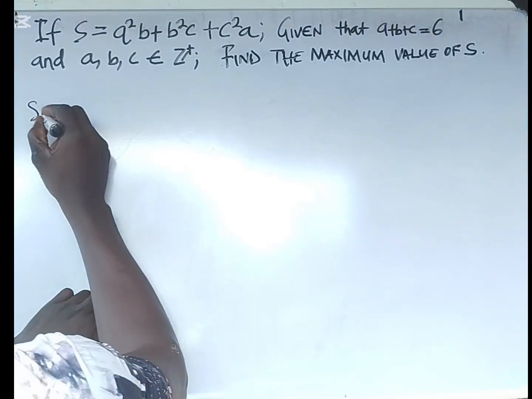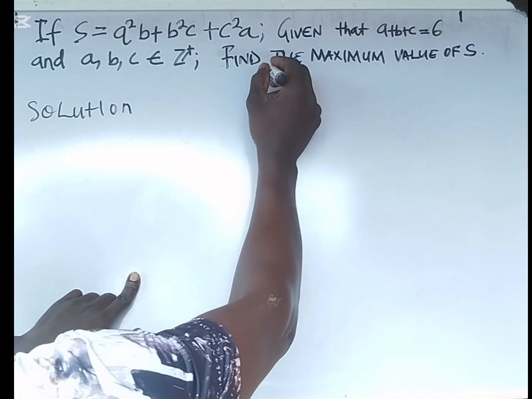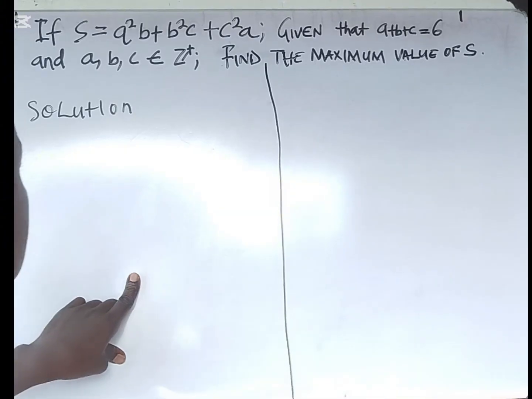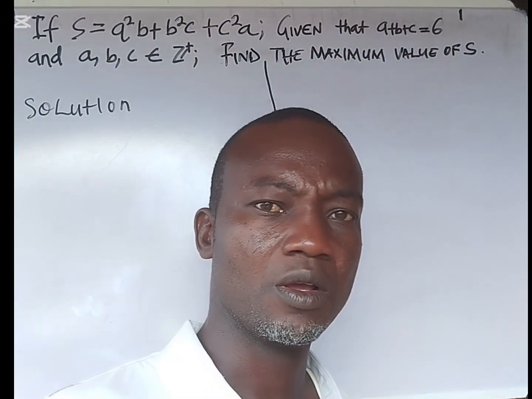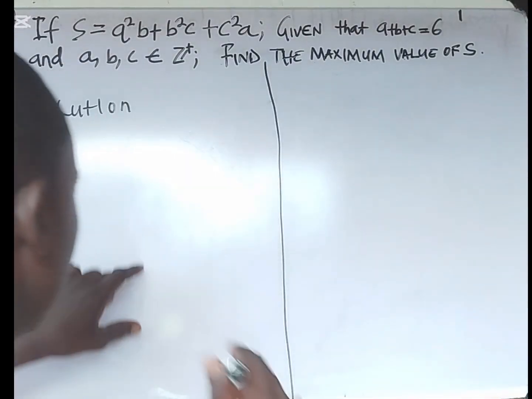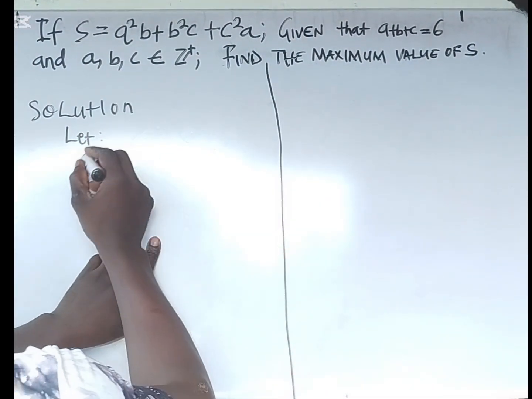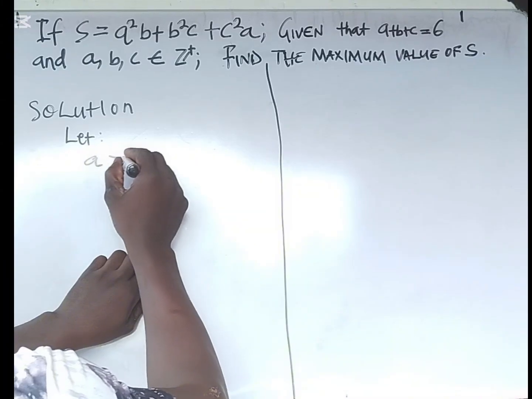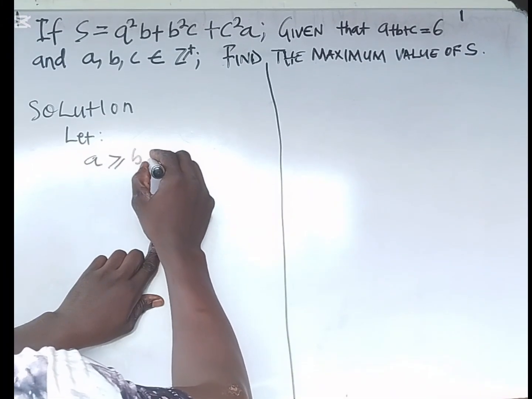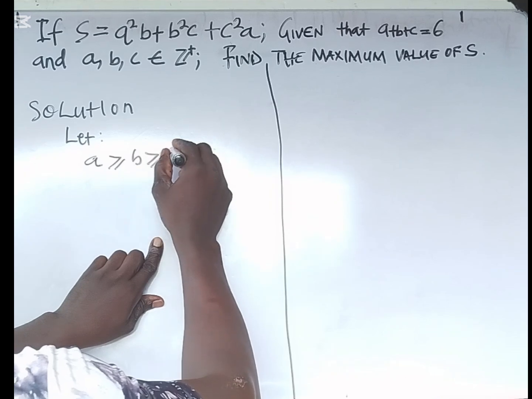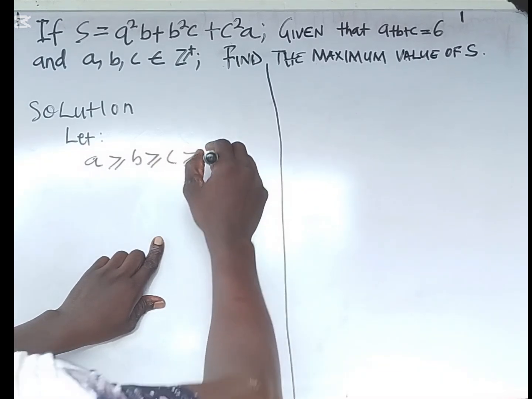So we write solution. Let me divide my board into two. The first thing we're going to do is to make an assumption. Let's assume that a is greater than or equal to b, and b is greater than or equal to c, then definitely c will be greater than or equal to 1.